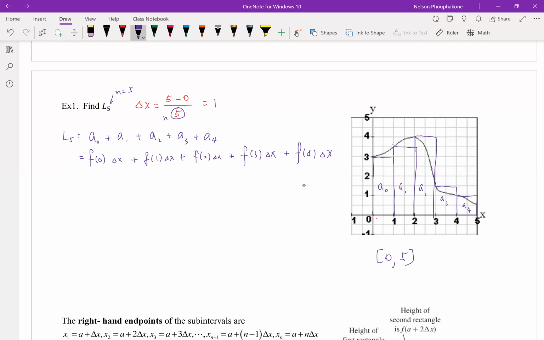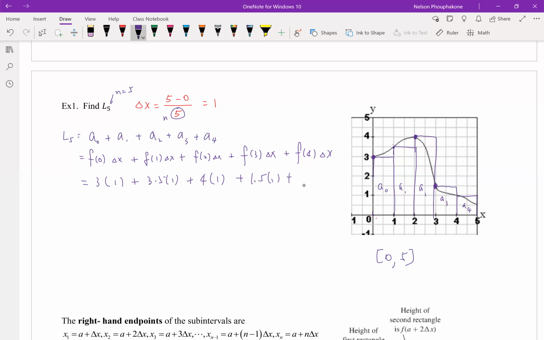Then we know that f of 0 is equal to 3, and delta x is 1. f of 1 is 3.5. f of 2 is 4. f of 3 is 1.5.